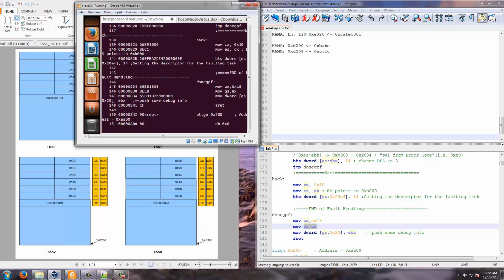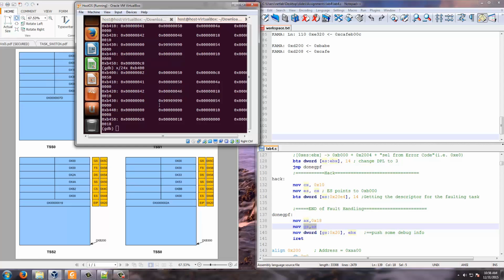Now we see there, if we go to the interrupt service routine, this is where done GPF. Your IRET is at 841. Please note here the line number, your IRET, which is here at 841, right?